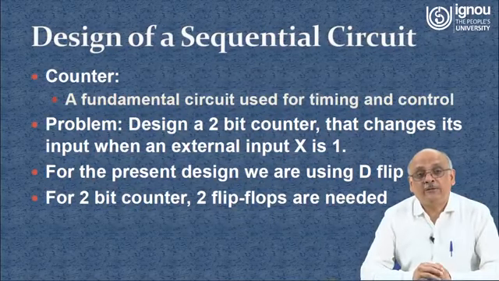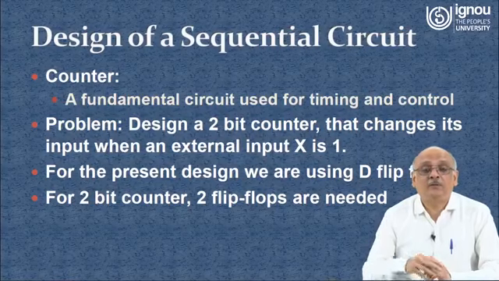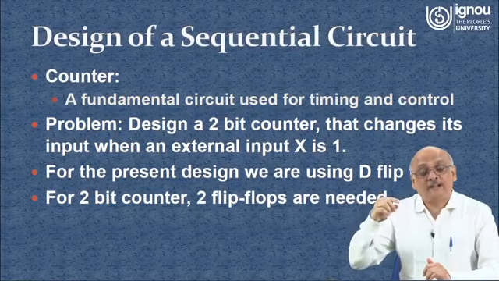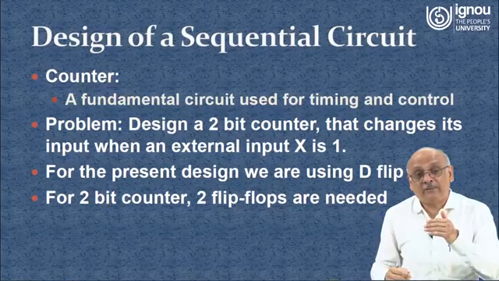We are going to design a counter circuit. It's a very fundamental circuit used for timing and control. Suppose you set the counter to 10, so obviously there will be step 1, step 2, step 3, step 4, step 5. All these steps are very important.